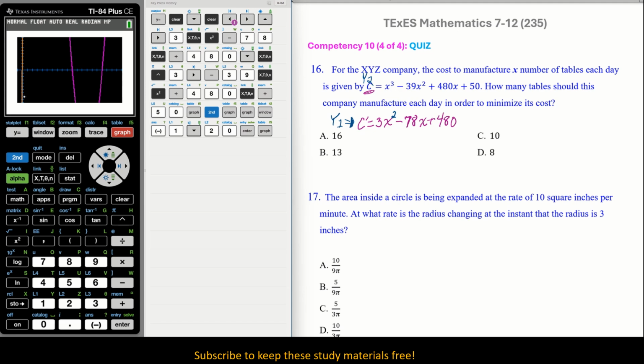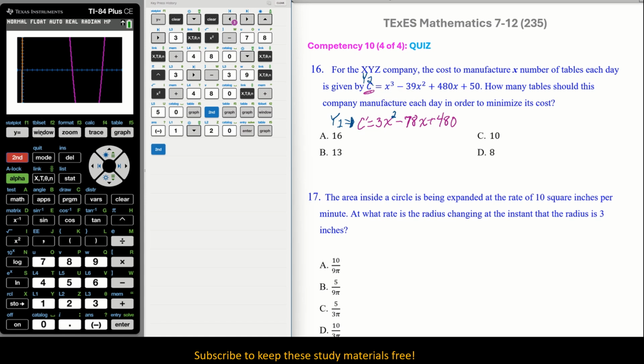Near the y-axis, near the origin, we see part of the original. What we have in the pink is the derivative, if you remember. It looks like we're dealing with whole numbers or close to it, somewhere around 10.